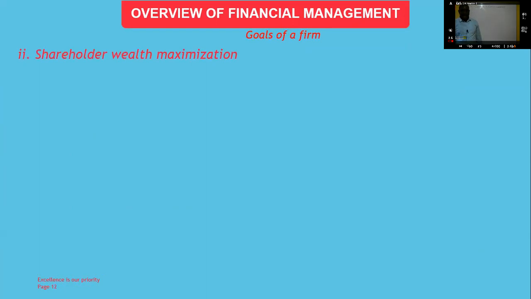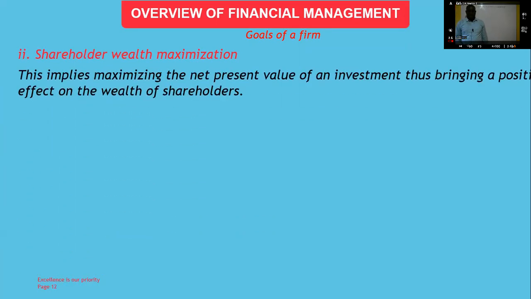The second goal of a firm is what we call shareholder wealth maximization. Friends, this implies maximizing the net present value of an investment, thus, in effect, maximizing the wealth of the shareholders.